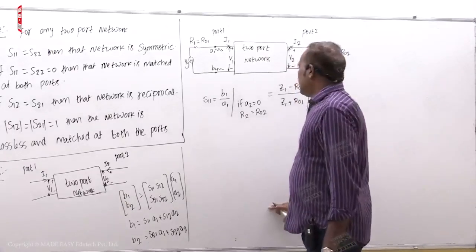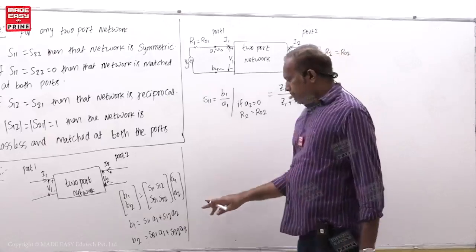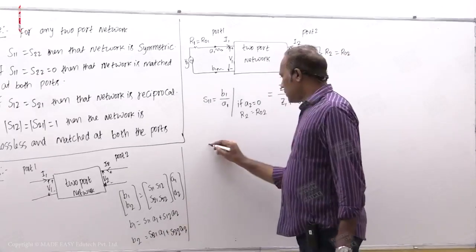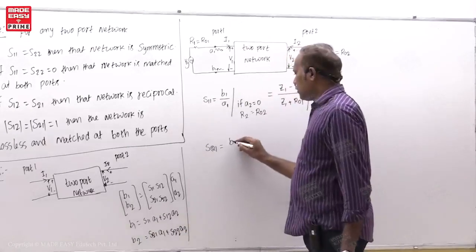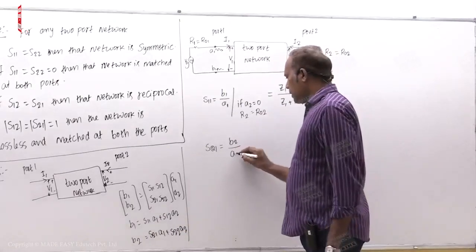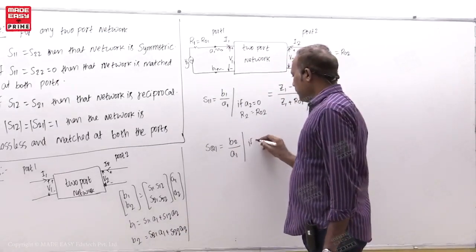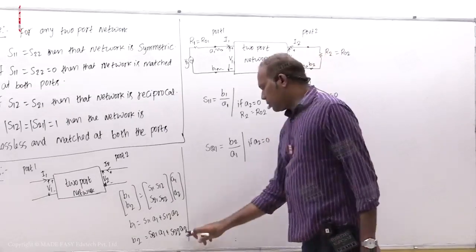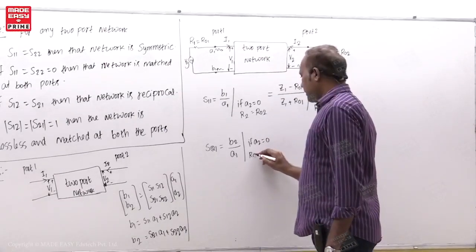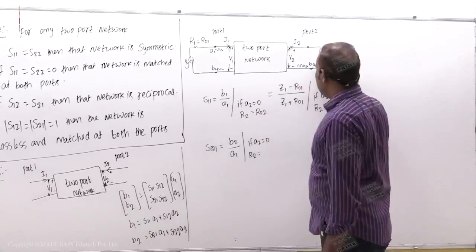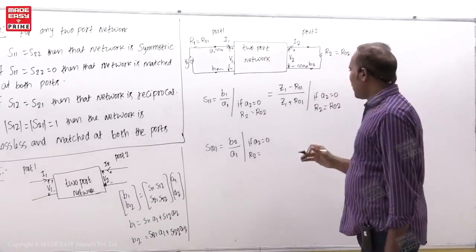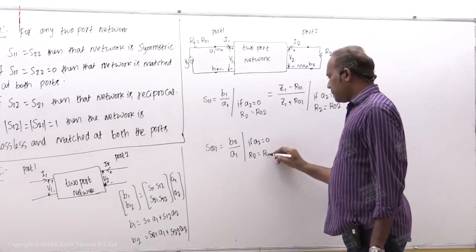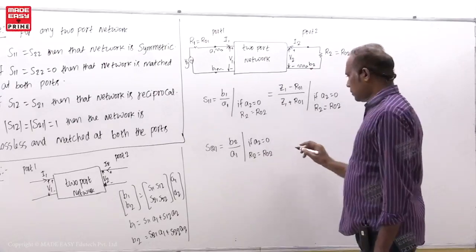Okay. And similarly, here S21 is equal to B2 by A1 if A2 is equal to 0, and for that the terminating impedance at port 2, that means the load impedance at port 2, is equated to the reference impedance at port 2.